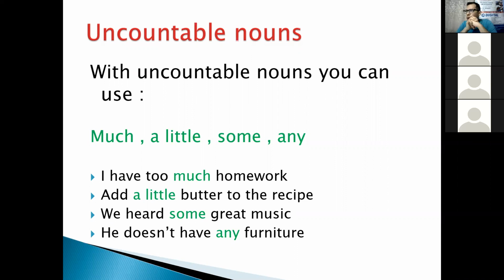We heard some great music. He doesn't have any furniture. Okay, so these words we can use with uncountable nouns.